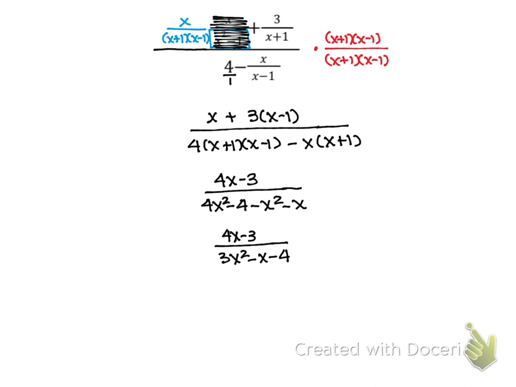So let's see. I'm going to have a 4x minus 3 on top. I think that can be factored. Okay, so I see something kind of interesting here. If I look at that 4x minus 3 and that 3x minus 4, they're super similar to each other. I'm going to see if maybe they're technically the same thing, just a quick glance on it.